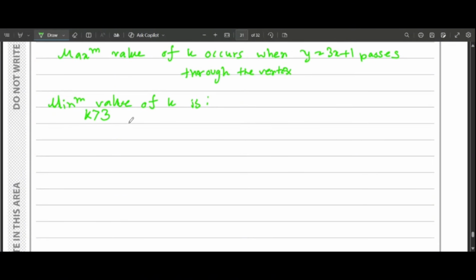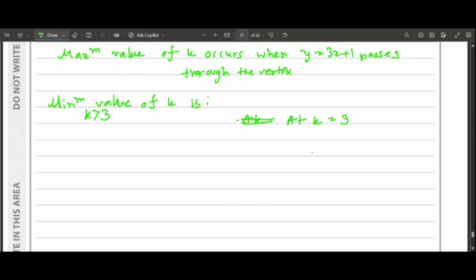The reason why k is greater than 3 is because at k equals 3, both the line and the modulus function are parallel to each other. This means that there will be only one intersection point between the curves, thus making the condition false.